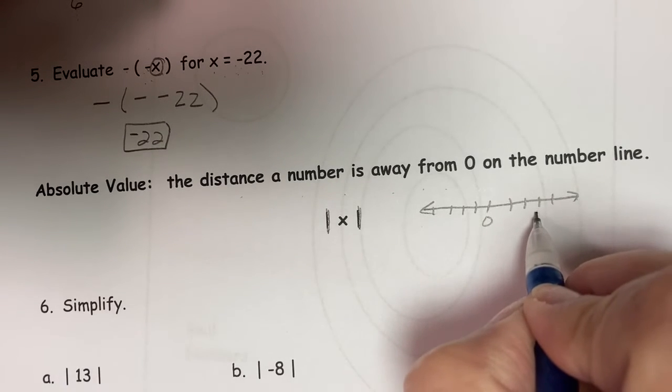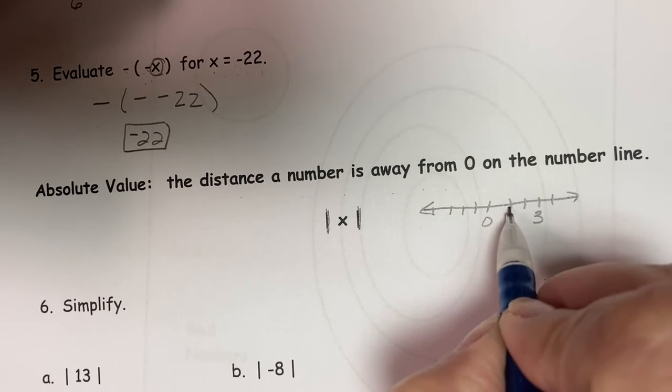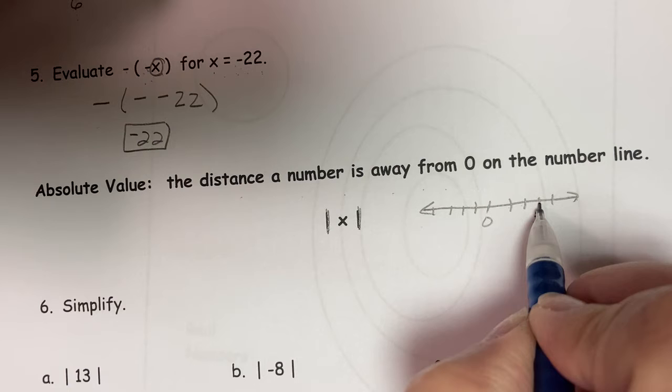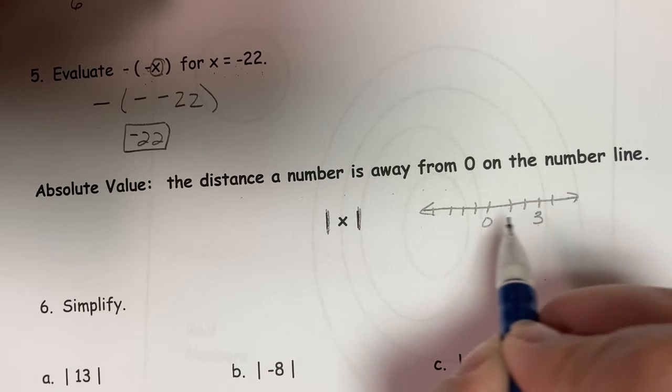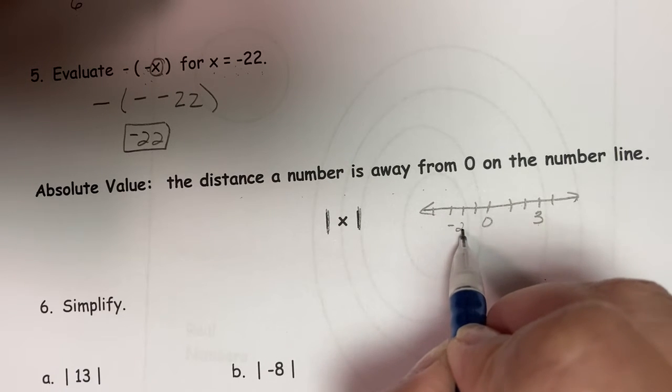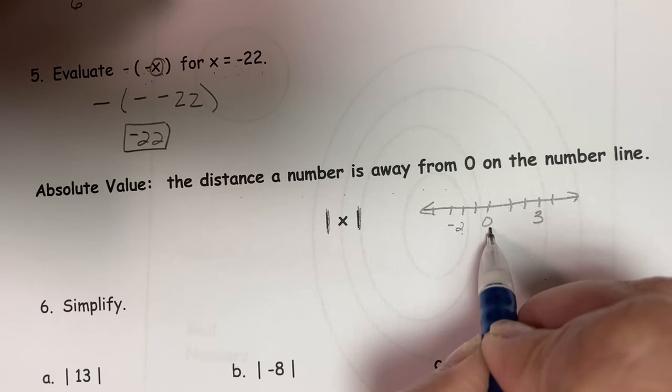So if I take this number 3, what's the absolute value of 3? Well, since 3 is 1, 2, 3 units away from 0 on the number line, the absolute value of 3 would be 3. If I go down right here to negative 2, how many units away from 0 is negative 2 on the number line?